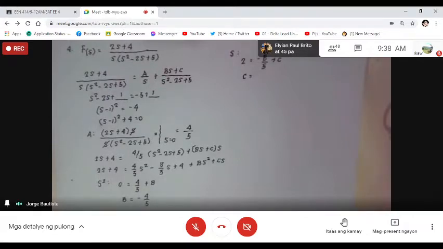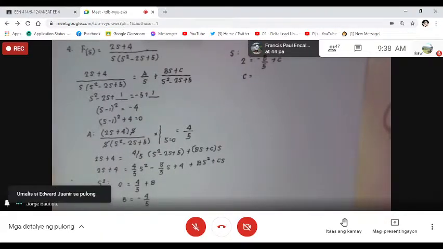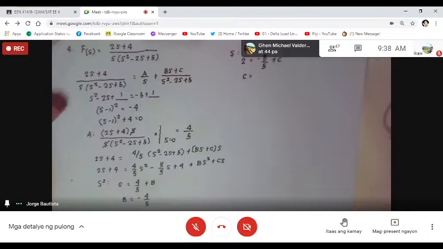Using your calculator, C is 2 plus 8 over 5, so that is 18 over 5.